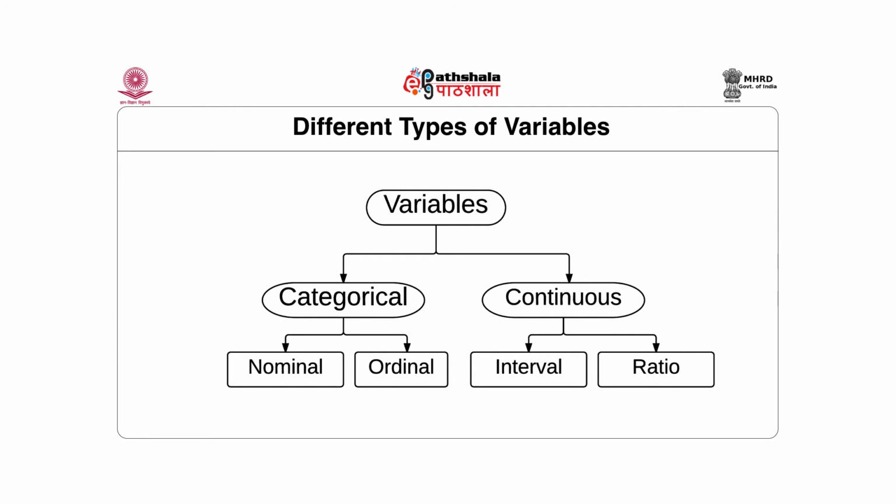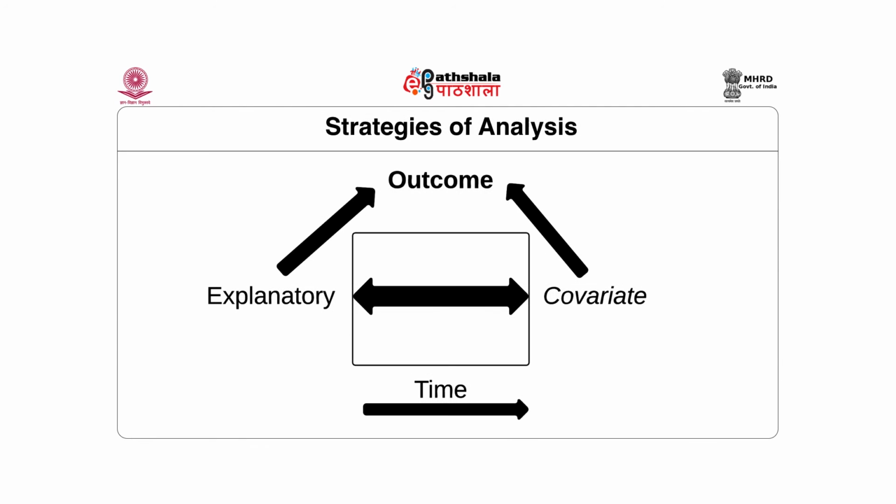Then we move on to the next bit about setting up strategies for your data analysis. When we talk in terms of bivariate data analysis, we need to have some conceptualizations, either intuitively or mostly intuitively at this stage, that there are some variables that are treated as an outcome variable.